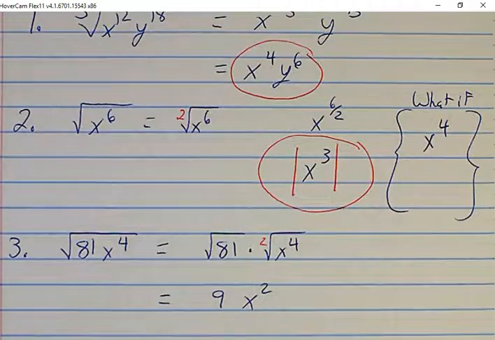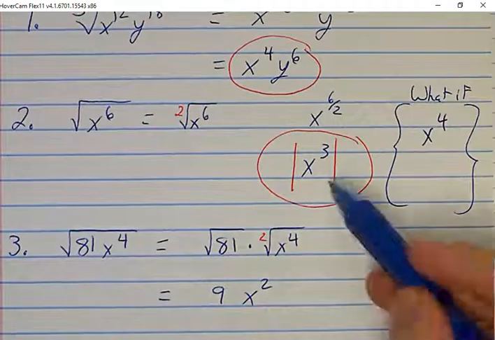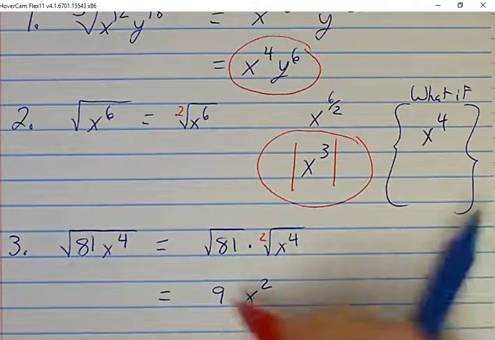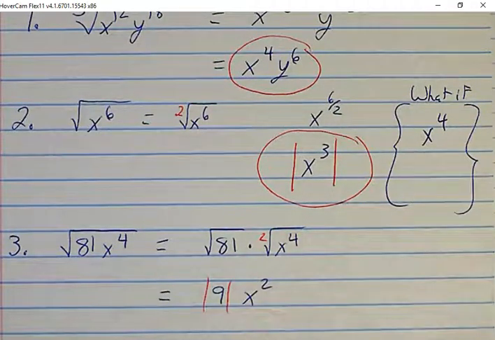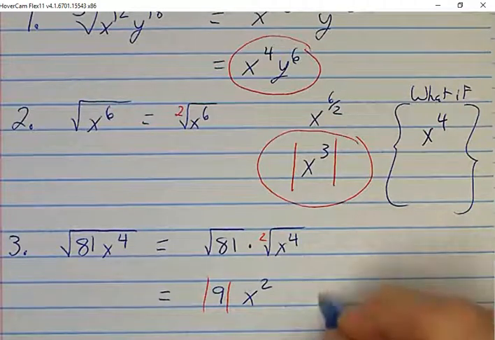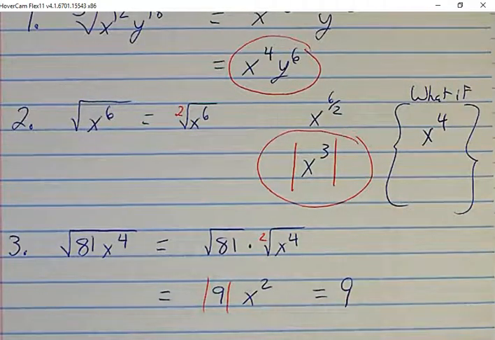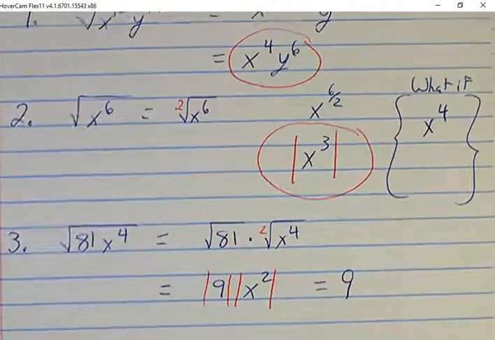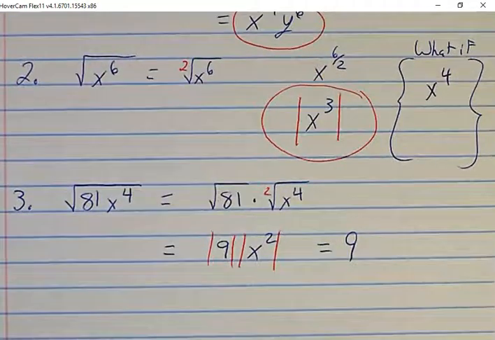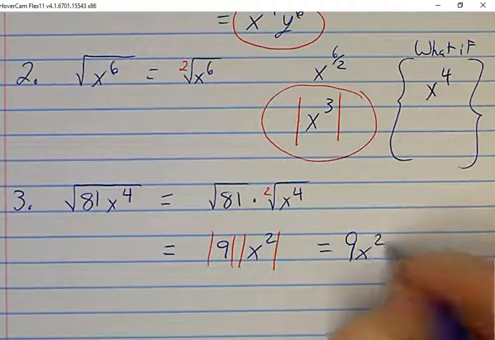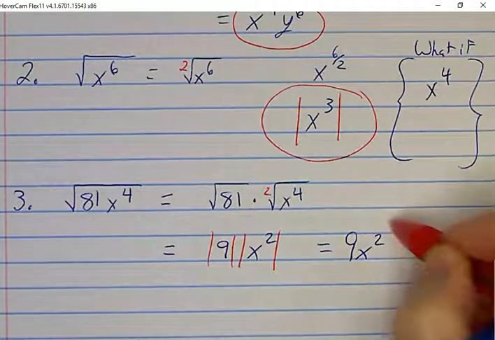We could put absolute values here, but the absolute value of 9 is 9, and the absolute value of x squared, no matter what number you plug in for x, because it's a squared number, is always going to be positive. So for this one, we did not need the absolute values, so that would make it 9x squared.